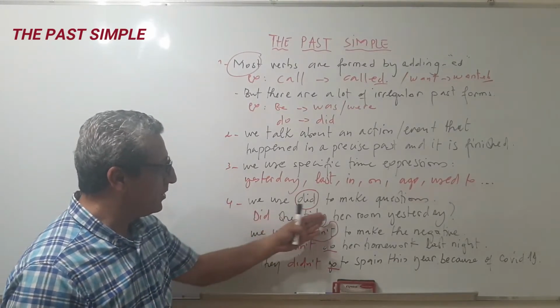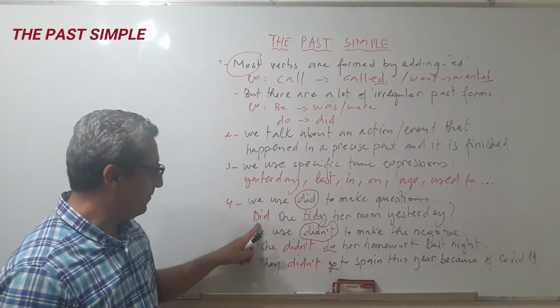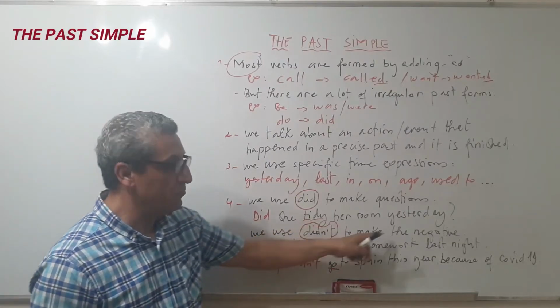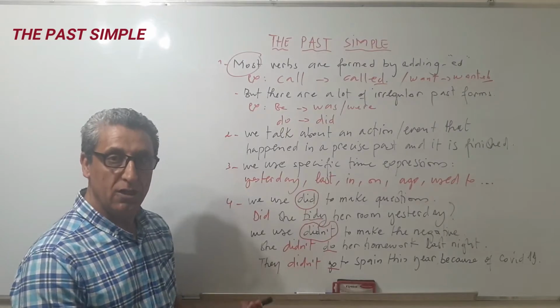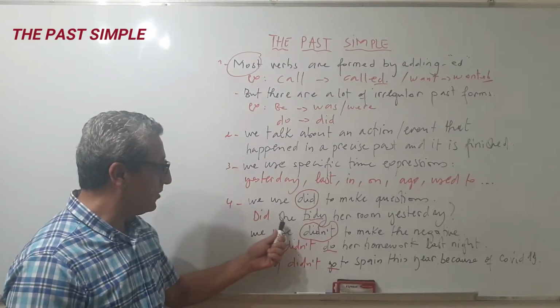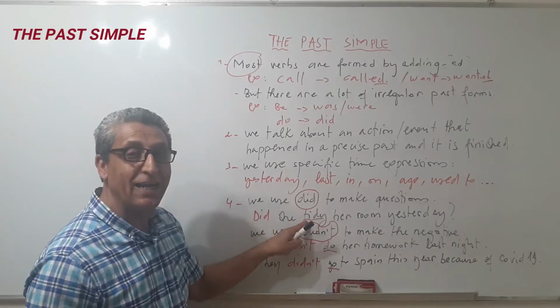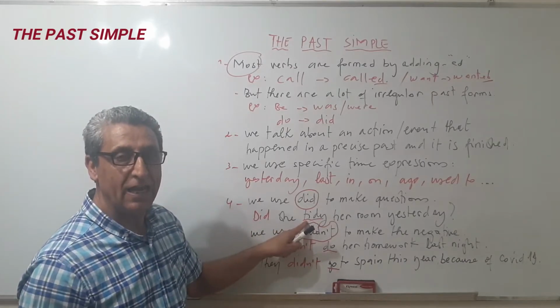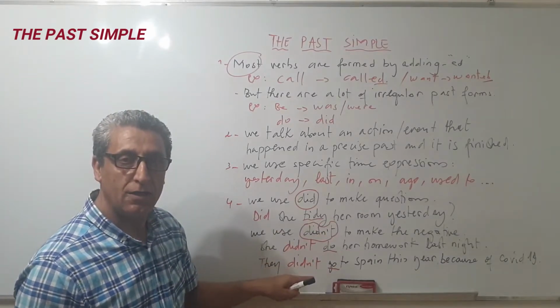So we use did to make questions. Did is the past tense of do. Look at the example. Did she tidy her room yesterday? So it is a question. Did she tidy her room yesterday? Okay, did she tidy? Notice here the verb tidy is in the infinitive form because in questions and negative forms the verb doesn't change.